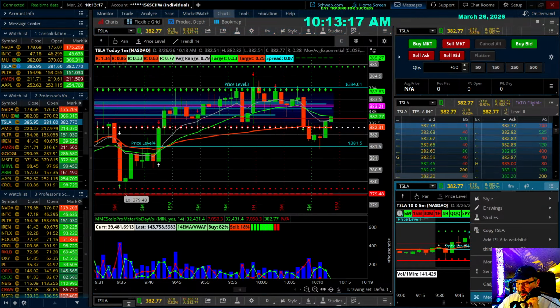Both the Q and the SPY are up quite a bit from their open. SPY is 654, it was 652. Q is 583, it was 582. Apple's up over $3 now. Yeah, it's just about to be $4 up.